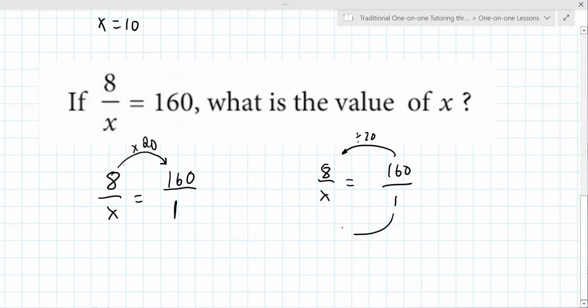So to go from 1 to x, you have to divide by 20. That's correct. So you think you've got this? Just divide both sides by 20.